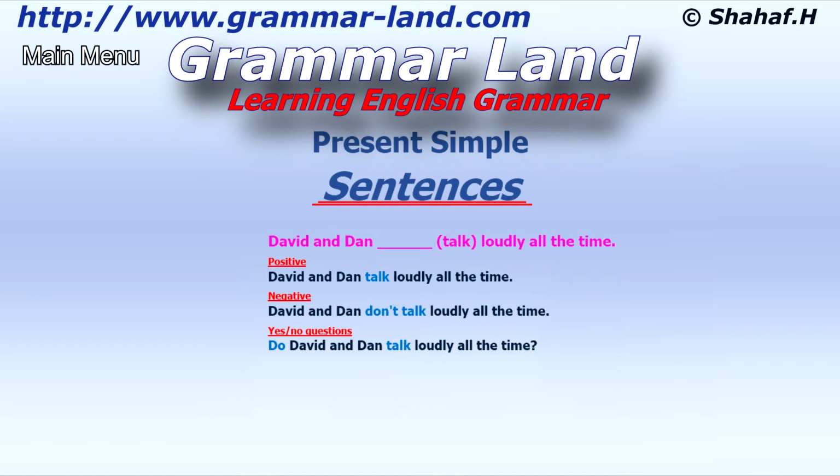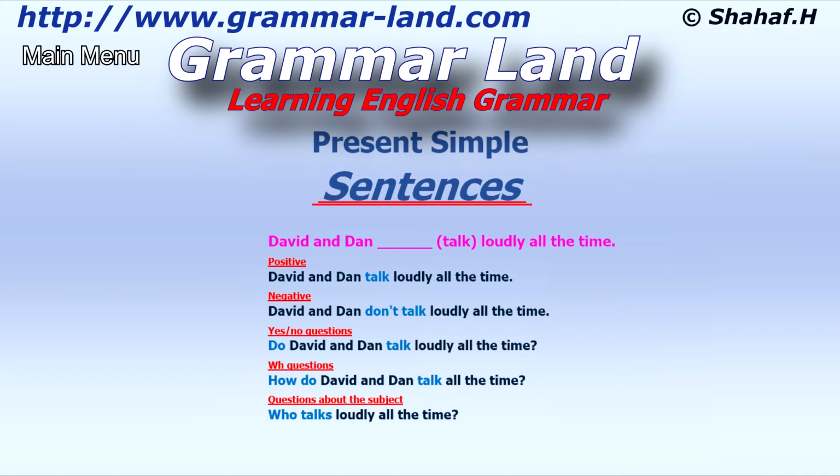Yes/no question: Do David and Dan talk loudly all the time? WH question: How do David and Dan talk all the time? Question about the subject: Who talks loudly all the time? Pay attention. We must add an s to the verb in the question about the subject.